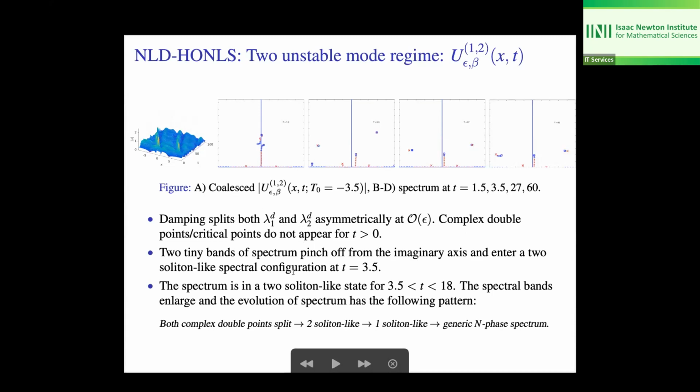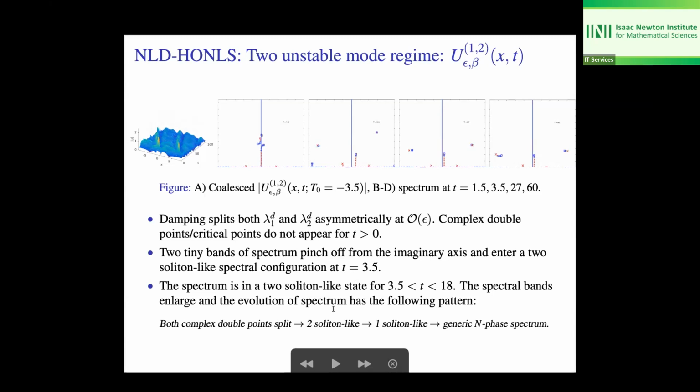These two tiny bands of spectrum pinch off from the imaginary axis and enter a two soliton-like spectral configuration at t equals 3.5. So you see the two tiny bands there. And it's in this two soliton-like state for an extended period of time from about 3.5 to 18.